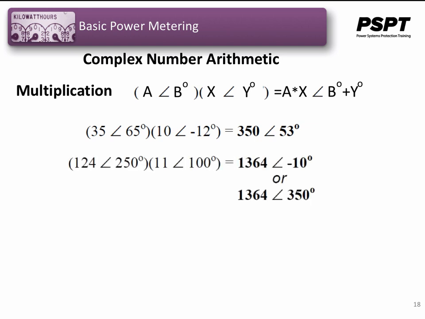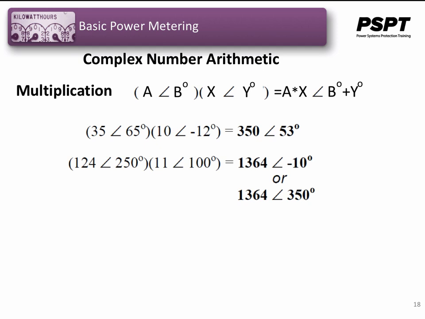Another example would be 124 at 250 degrees times 11 at 100 degrees. So you multiply the two magnitudes, ending up with 1,364, and you would add the two angles together, so you'd end up with 350 degrees.